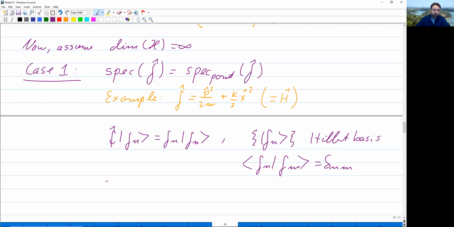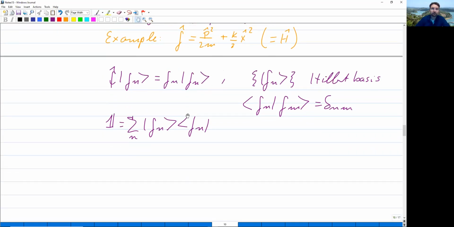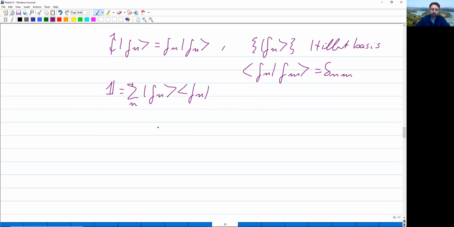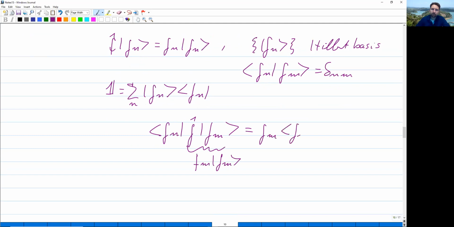We can write down a resolution of the identity, sum over n, and then fn. And we find, as we did in finite dimensions, that if we look at our abstract operator f hat in its own basis, in its eigenbasis, then this is fm delta nm.